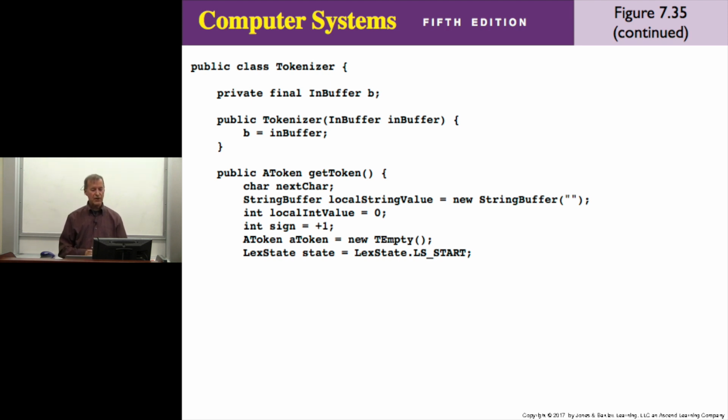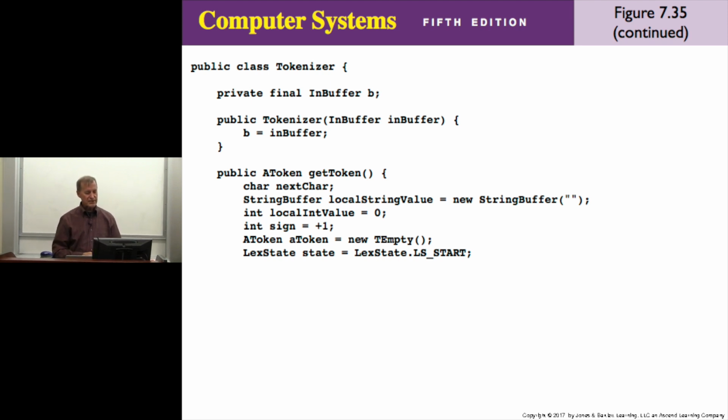Its name is lowercase b, and its type is InBuffer. We looked at InBuffer last time. So anytime we have the letter b in our code, that is our InBuffer. What does that InBuffer have? It has the ability to feed us one character at a time, and the ability to back up input if we need to. Is everybody good?